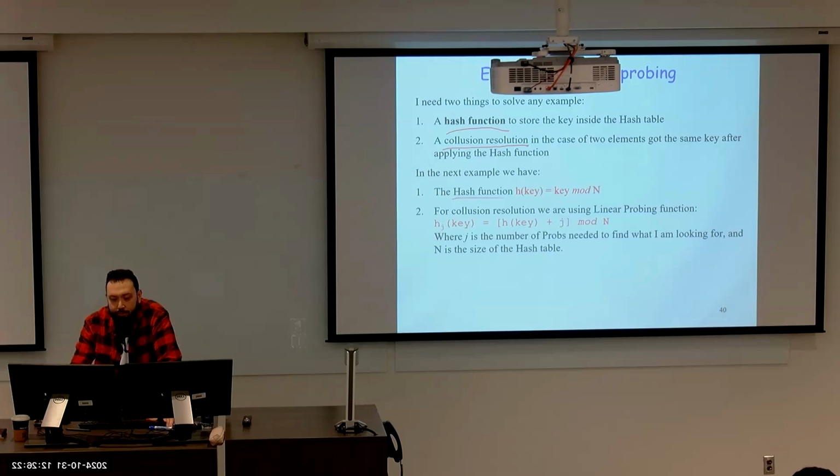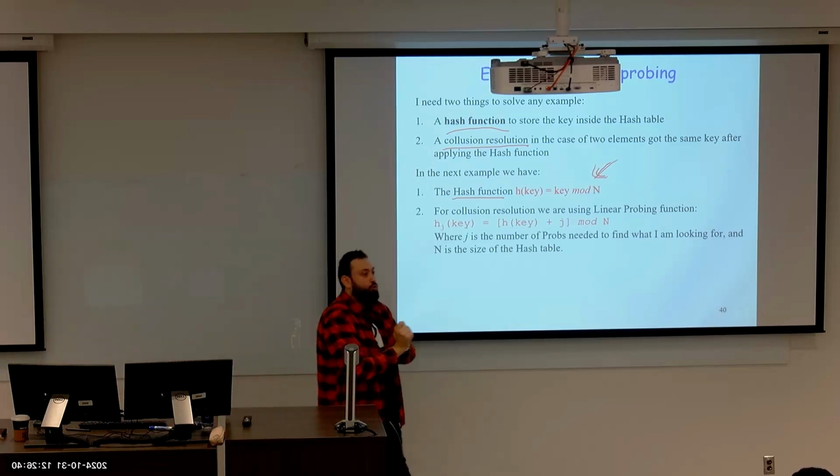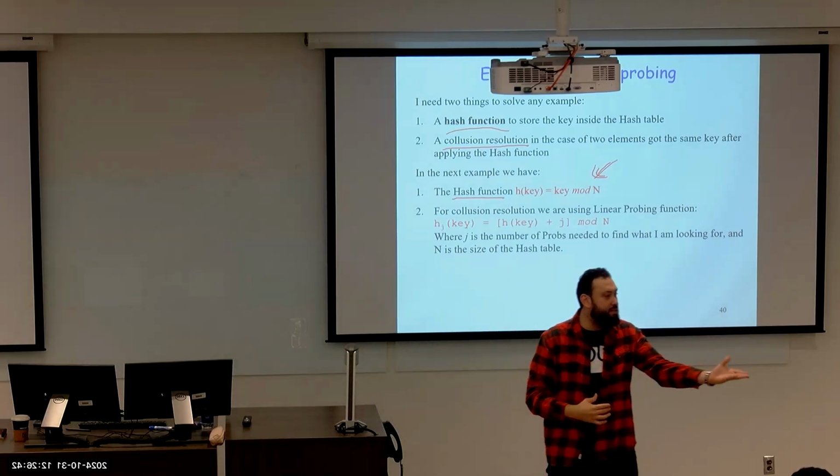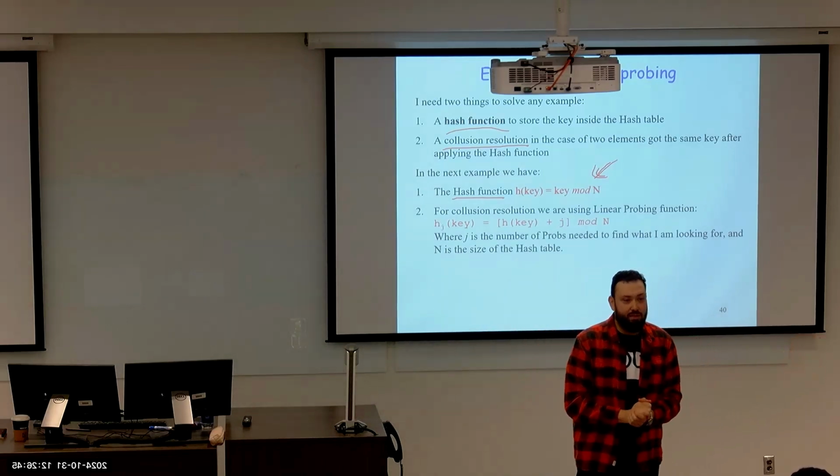The hash function that I'm choosing for the next example is this one. Do you remember when we said we can have the binary things, we can have XOR, we can have the MAD, multiply, add, and divide, or we can just have this one, the mod. So this is my hash function. That means this is the first thing that I'm going to try to generate an address for Fida when she enters this class.